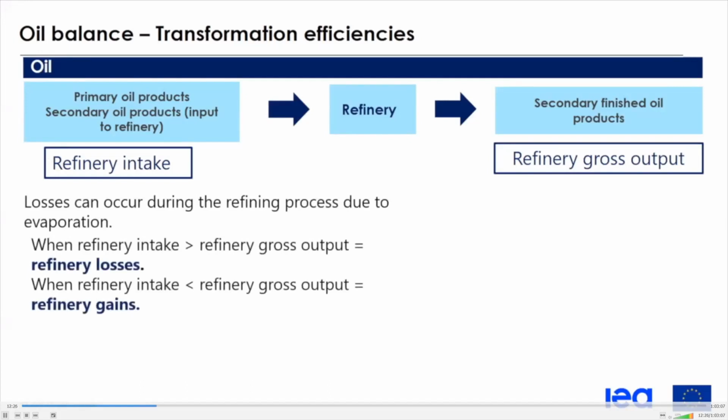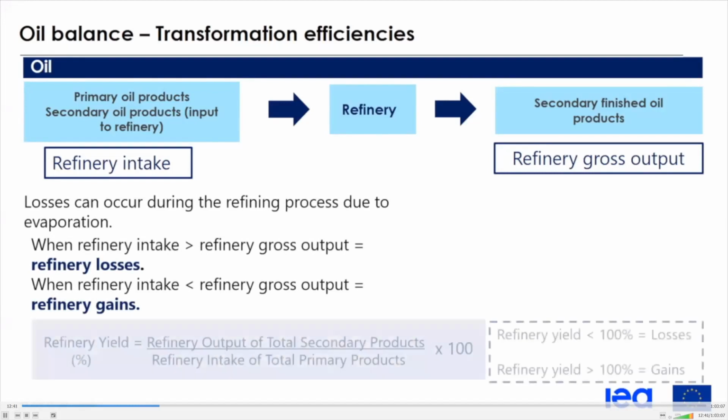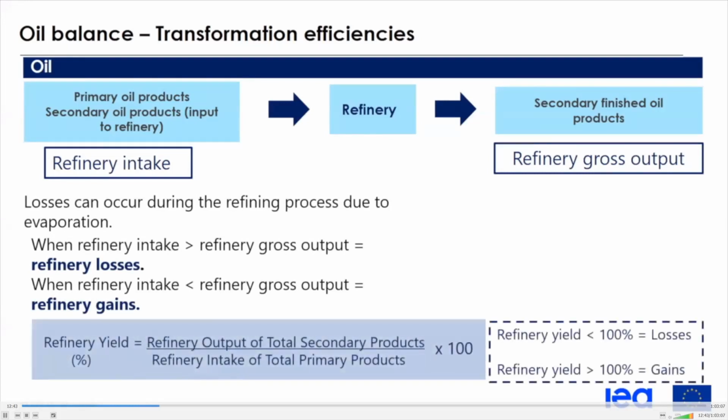we speak about refinery losses when the intake is superior to the output, and refinery gains when the intake is inferior to the output. And we calculate the yield of this refinery by doing a simple calculation. We divide the output of total secondary products by the intake of total primary products, and we express it as a percentage.